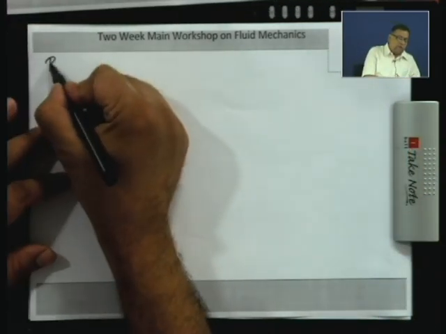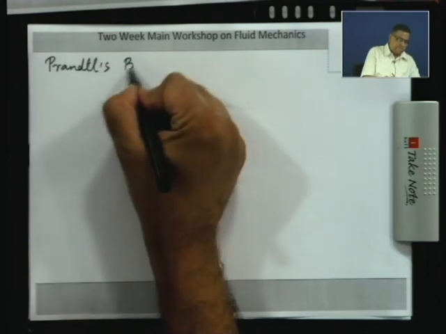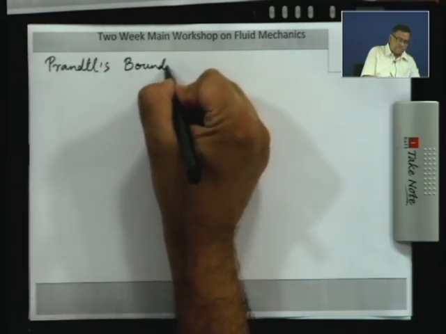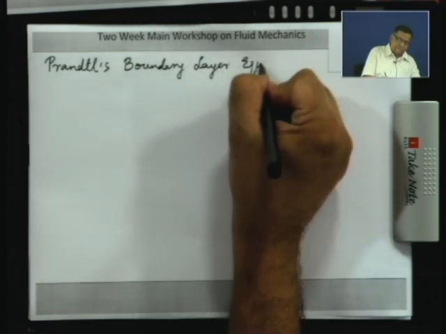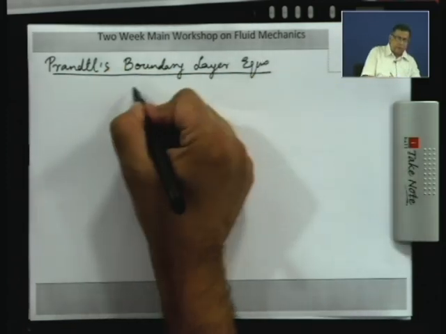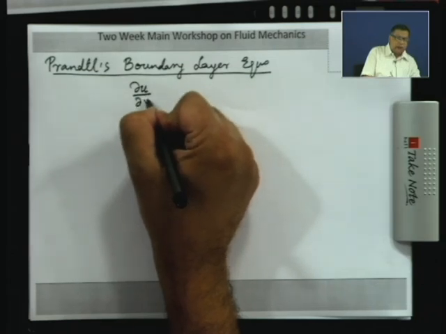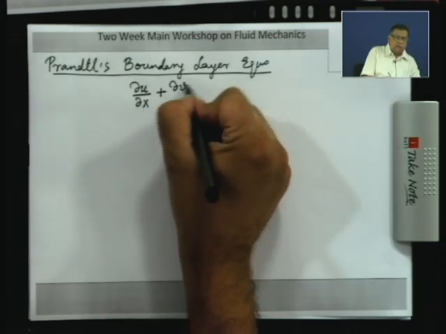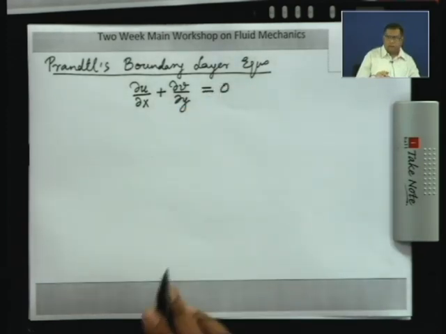So, if you look at Prandtl's boundary layer equations, it is a system of equations. The first equation that I am writing in dimensional form is the continuity equation, or the equation for local or differential conservation of mass.